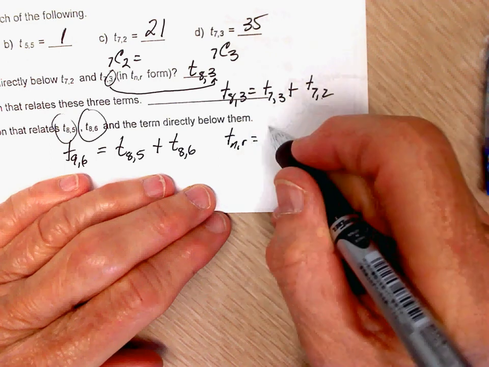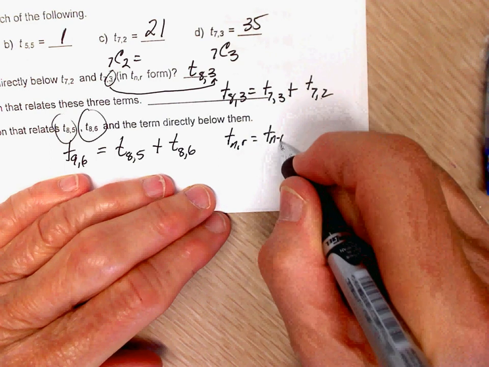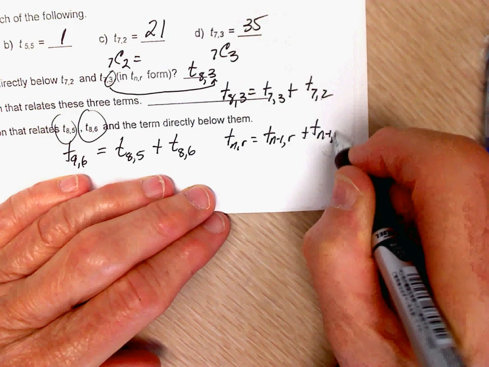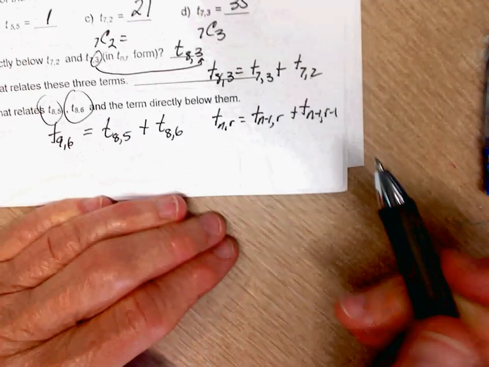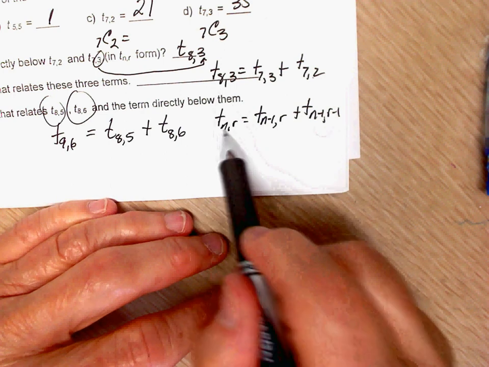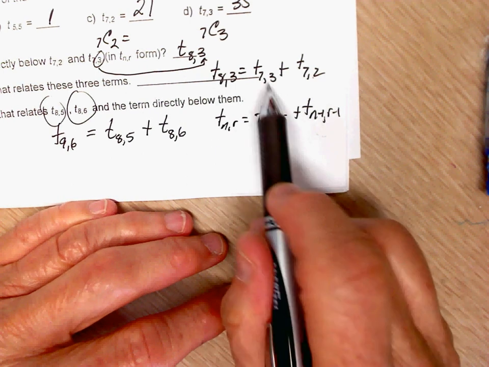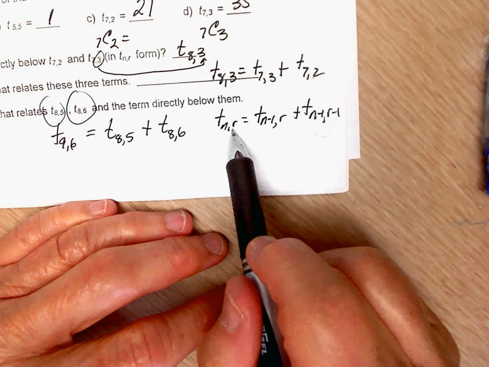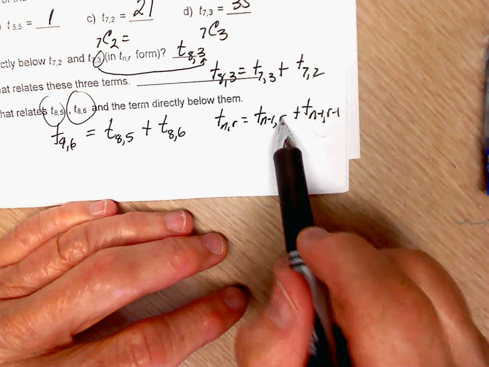So n minus 1 is 8 minus 1, which is 7. R is 3, so that one's 3, but r minus 1 is 3 minus 1, which is 2.